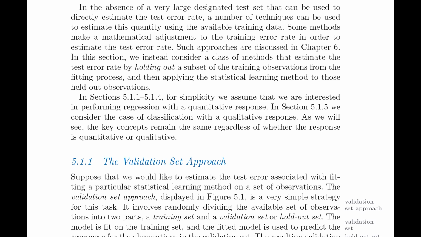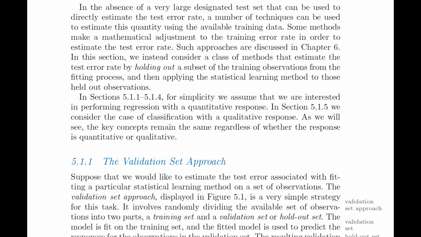But that's chapter 6. In this chapter, we instead consider a class of methods that estimate the test error rate by holding out a subset of the training observations. So like what we did in the market data, the up-down, where we didn't use the 2005 data for training.